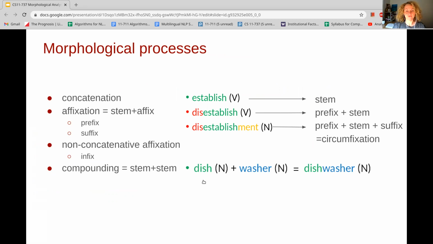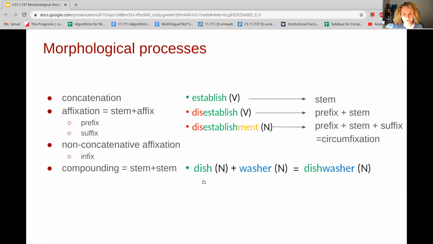Words can undergo morphological processes or formal operations. What are these morphological processes? These are, for example, concatenation. It is the most common morphological process. If we concatenate the stem, which is the core of the word, with affixes, which are purely grammatical morphemes that cannot occur in isolation, this process is called affixation.